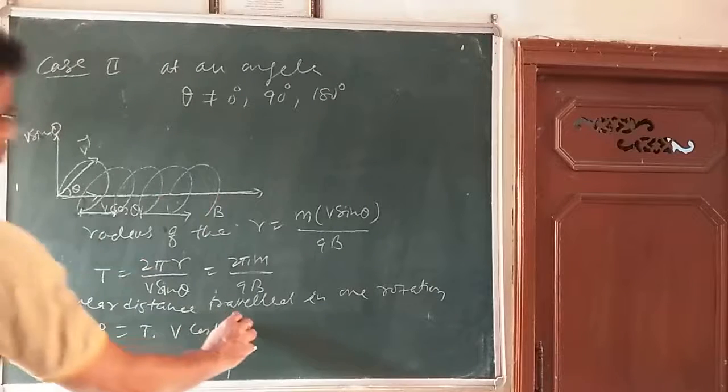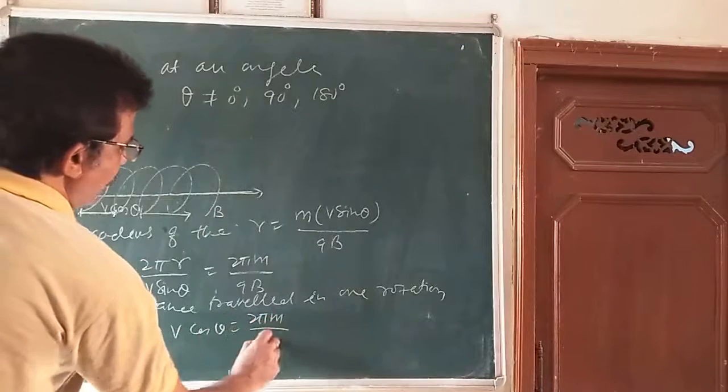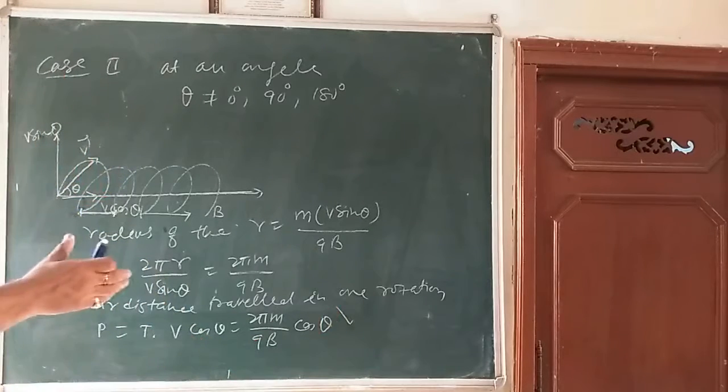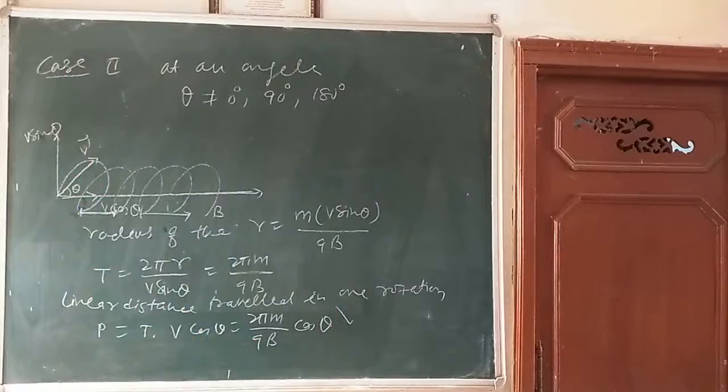So this is equal to 2 pi m divided by qB into v cos theta. This is called a helix. Write down.